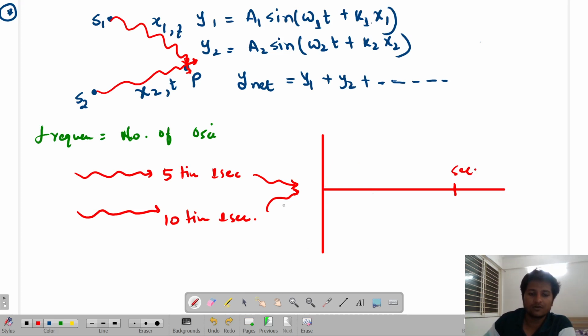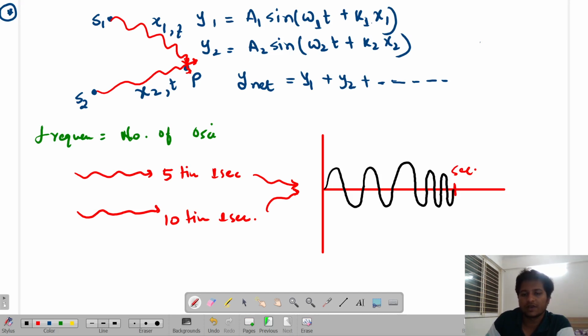So the graph will be something like 1, 2, 3, 4 and 5, right? If it is 10 times, then this graph will become smaller, right?